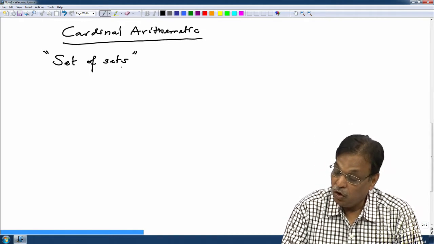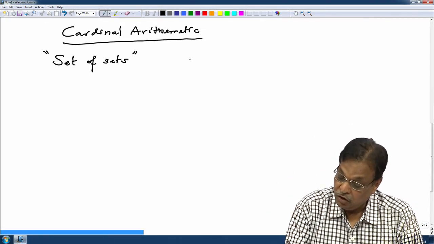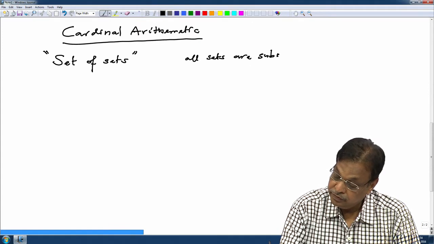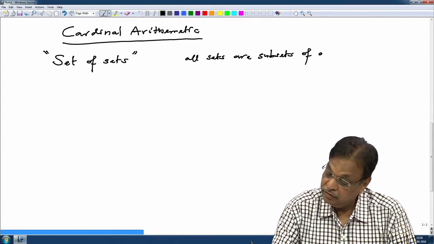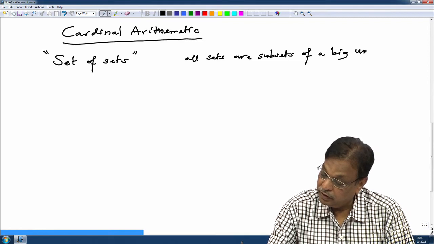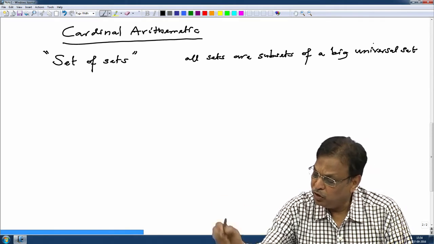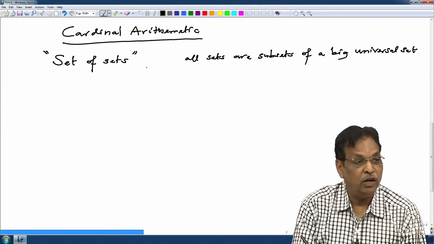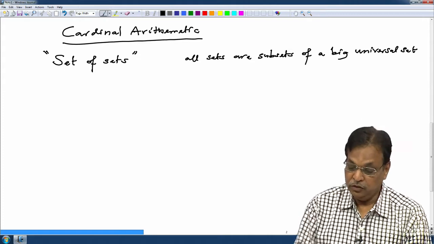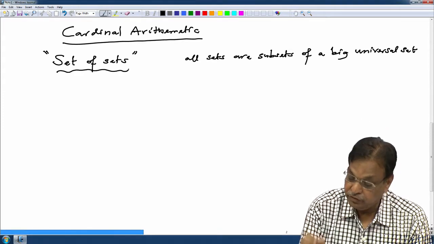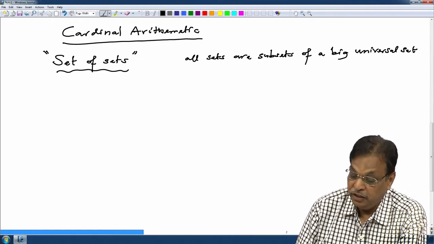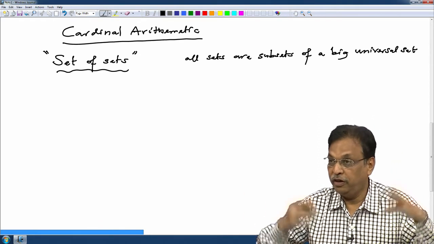So, this means that all my sets are subsets of a big universal set, which I will not mention what it is, but it is understood that all are subsets of some big set, and therefore I will keep using the phrase set of sets. Each element is a set and you have a collection of sets.